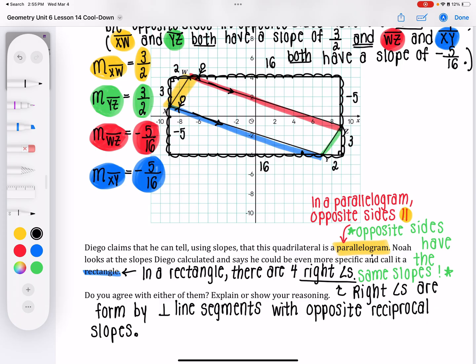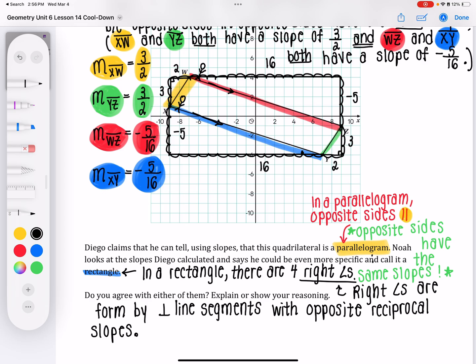Alrighty, we're going to take a look at our adjacent sides. So the adjacent sides to the yellow line segment will be the red and the blue line segment. And we're going to see if it creates right angles right there. It will create a right angle if they are perpendicular lines. And the only way for those to be perpendicular is if they have opposite reciprocal slopes.